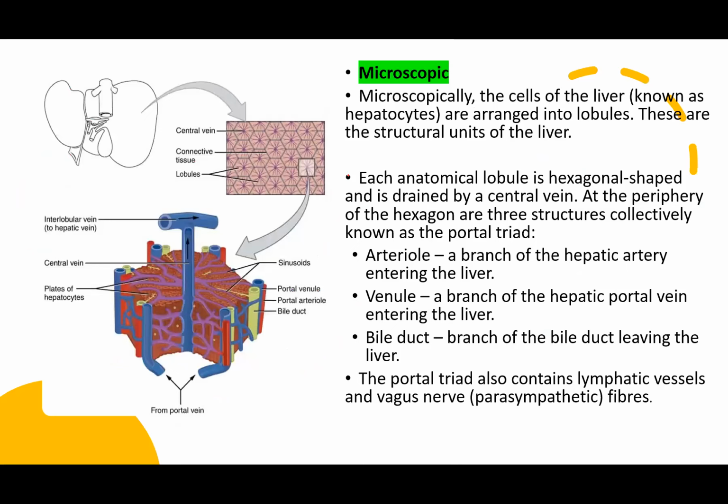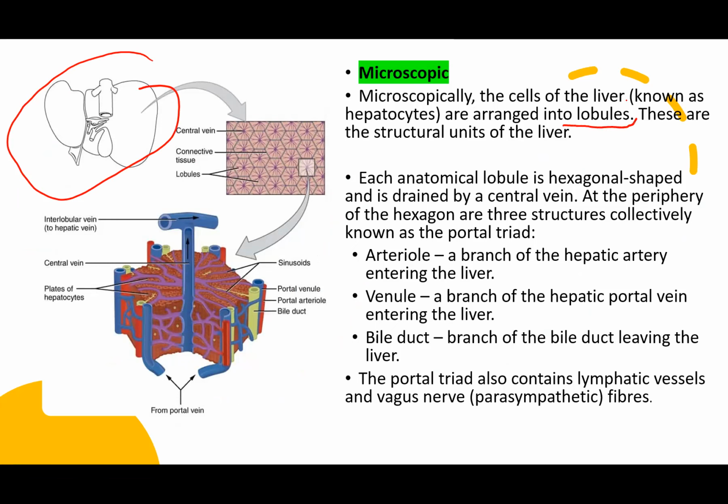Now, the microscopic anatomy of the liver is also very important. If you just take a segment from this, microscopically, the cells of the liver, known as the hepatocytes, are arranged into lobules. These are the structural units of the liver.